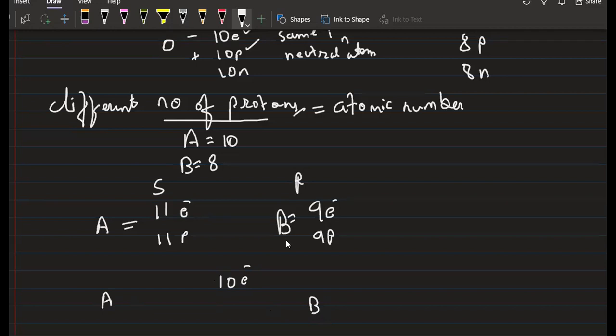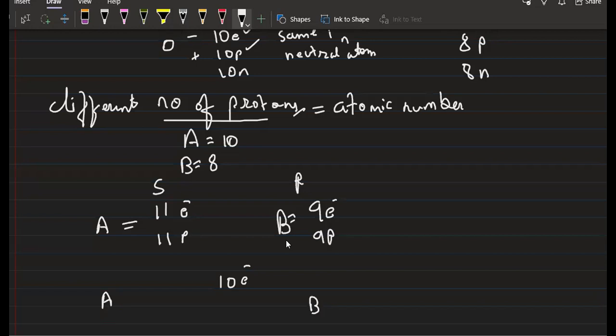Then what will happen now? Logically think, what will happen now? Suppose A is Shravya, who has more electrons, and B is Ragini, who has one less electron.